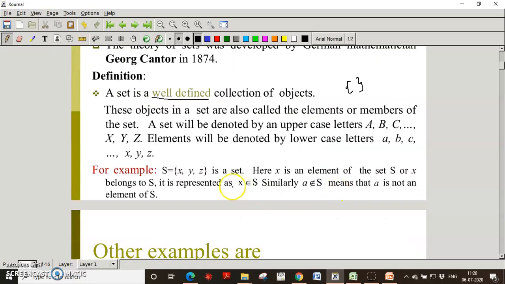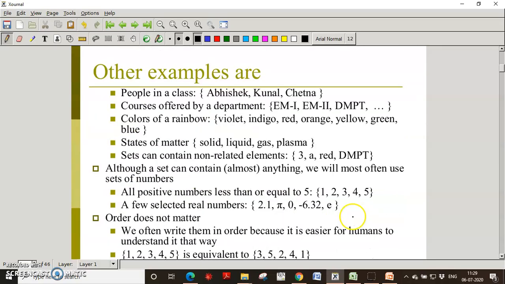Here I have taken the example S, which is a set, and x, y, z are elements of it. So x is an element of the set S, or x belongs to S, represented by x ∈ S. If an element is not in this set, mathematically it is written as not belongs to. Similarly, if I write a ∉ S, it means a is not an element of this set.